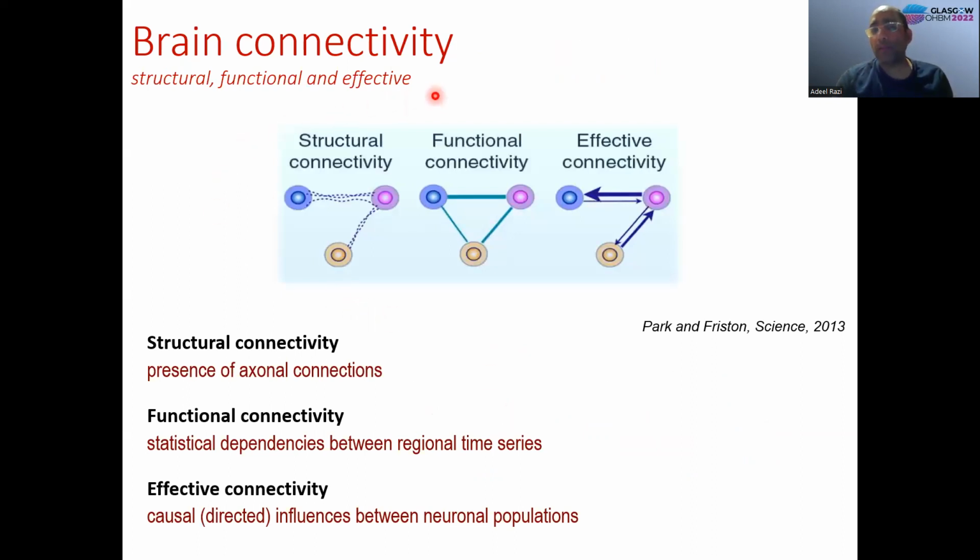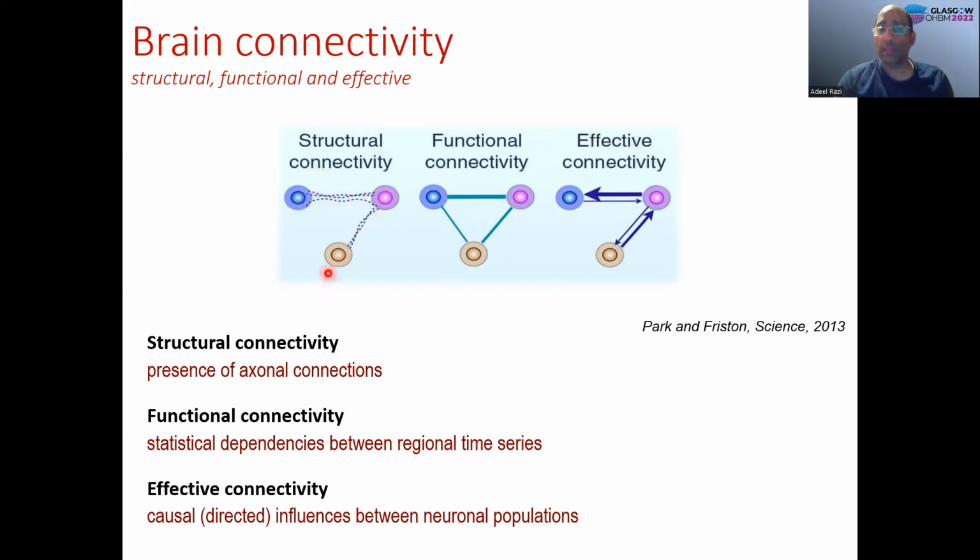Now, how we can define various different sorts of connectivity. Here we have 3 different sorts of them. The first one is the structural connectivity. By definition, this is basically showing the structural connection between brain regions.